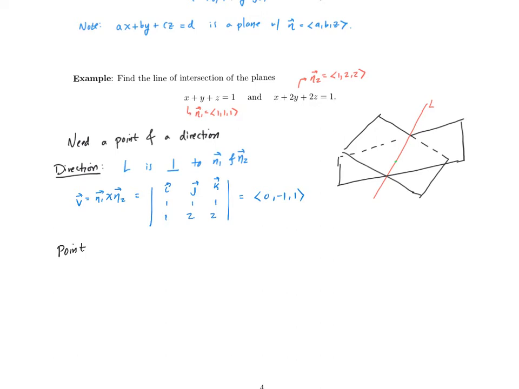Now we need to find a point on our line. That is, we need to find any point we can come up with that simultaneously solves the first equation of the plane and the second equation of the plane. So we need to find a point that simultaneously solves x plus y plus z equals 1 and x plus 2y plus 2z is 1.